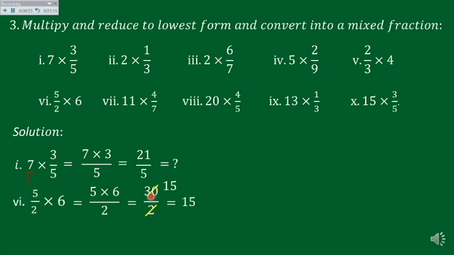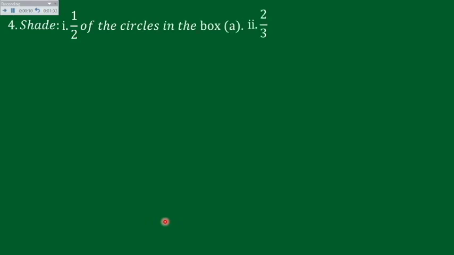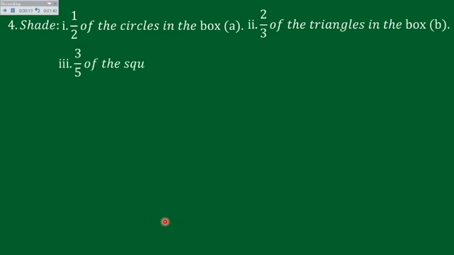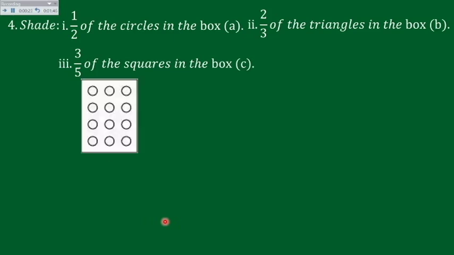Okay. Now on to the next question, question number 4. Shade half of the circles in box A, second 2 upon 3 of the triangles in box B, and third 3 upon 5 of the squares in box C. So here we have A, B and C. 3 pictures are there.